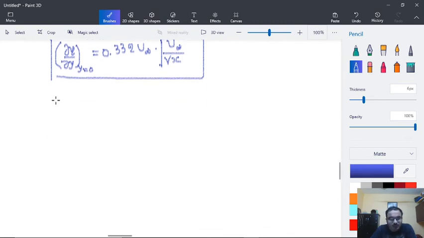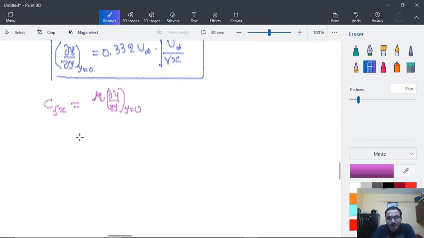And now we will calculate the value of Cfx. Cfx is given by mu into ∂u/∂y at y equal to 0, divided by, sorry, we have denominator here, the denominator is half into rho into u infinity square.